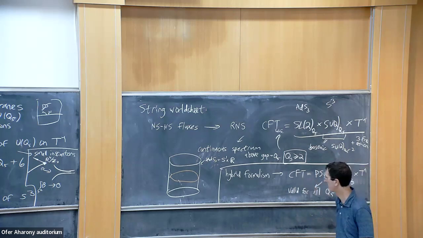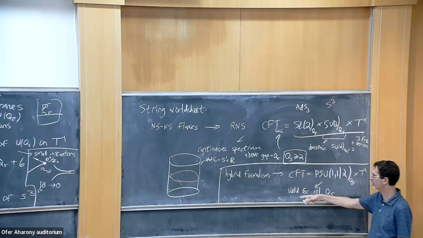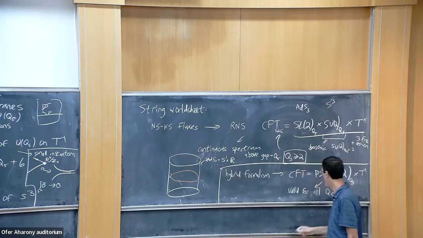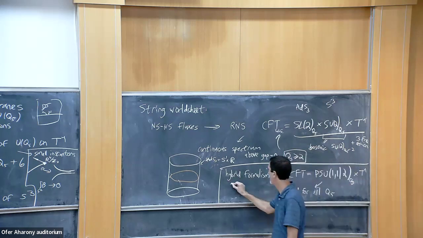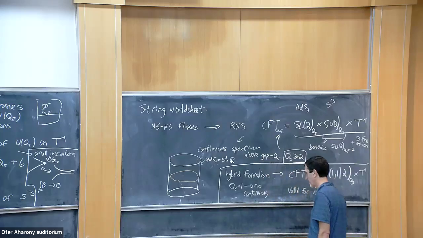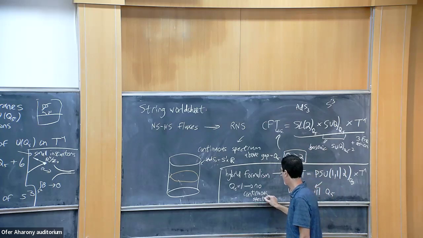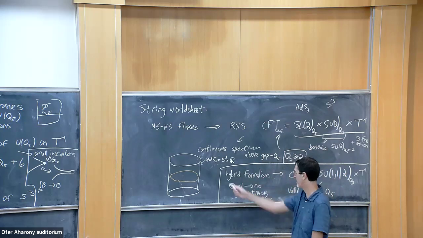What Rajesh and his collaborators showed is that for Q5 bigger or equal to 2, in this description you can also see that you have this continuous spectrum. But for Q5 equals 1, they showed that there's actually no continuous spectrum because of the properties of representations of this supergroup, PSU(1,1|2) at level 1. So in this case, there's no continuous spectrum. And of course, in this case, we can't really trust supergravity.